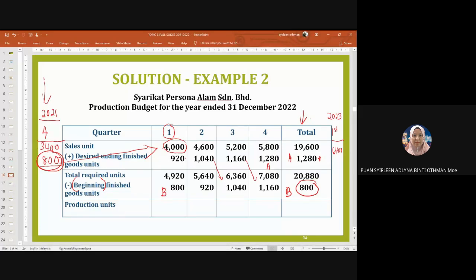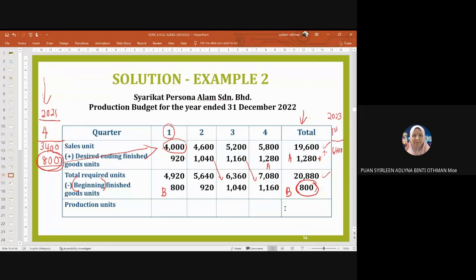Okay, so kita dah nampak tadi 19,600 plus 1,280 dapat 20,880 minus, okay, minus 800, ini tolak kan, okay. Tapi dia tak boleh bracket pun dekat sini, kenapa? Sebab dia dah ada operation tolak dekat situ.